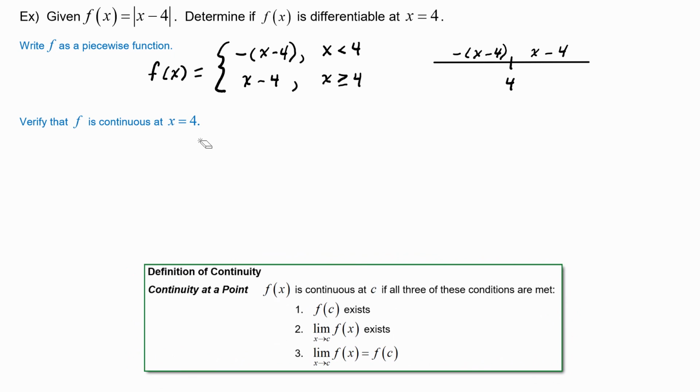definition of continuity. Step 1 says we have to look at f of 4. And f of 4 exists. We plug it into this bottom piece and get 0. So far, so good.